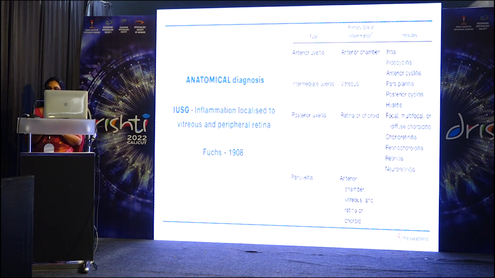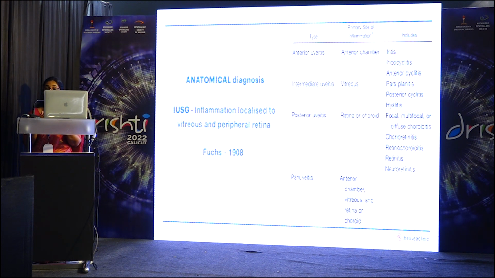So intermediate uveitis, the first thing to be understood is that it is an anatomical diagnosis. It is not a clinico-pathological entity. It only means that the inflammation is localized in the vitreous and the peripheral retina. The SUN classification classifies intermediate uveitis into pars planitis, posterior cyclitis, and hyalitis.